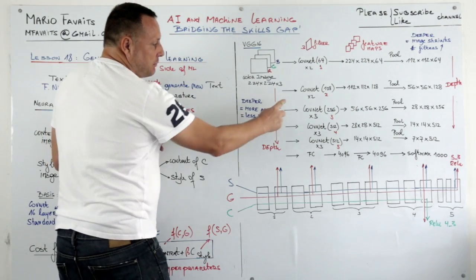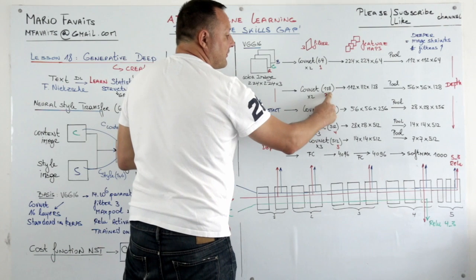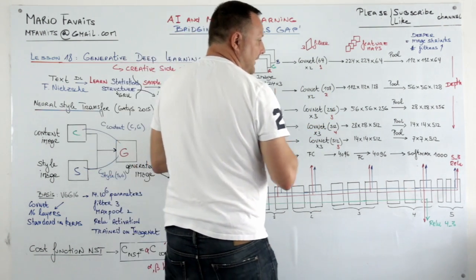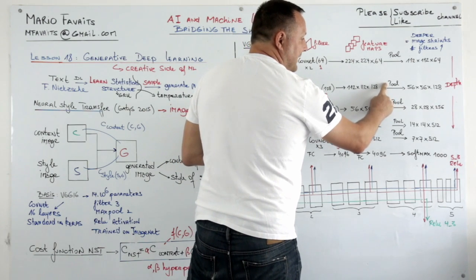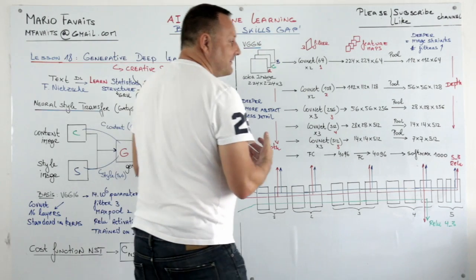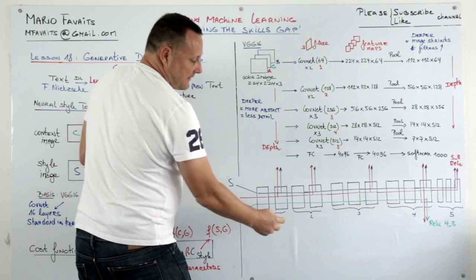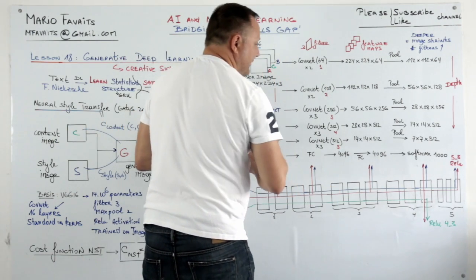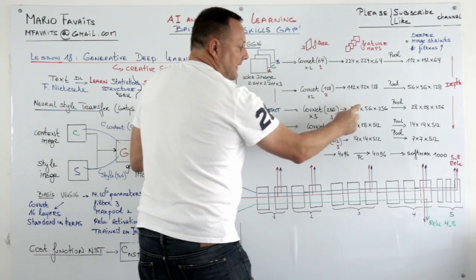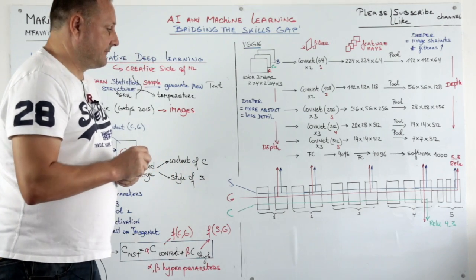Then I have a second block of 2 layers, but here I double the number of filters to 128. And I max pool again, so the size is divided by 2, and I have 56 by 56 by 128. Then I have a block of 3 layers, 1, 2, 3. The number of filters doubles again to 256, and after max pooling, the image is 28 by 28 by 256.